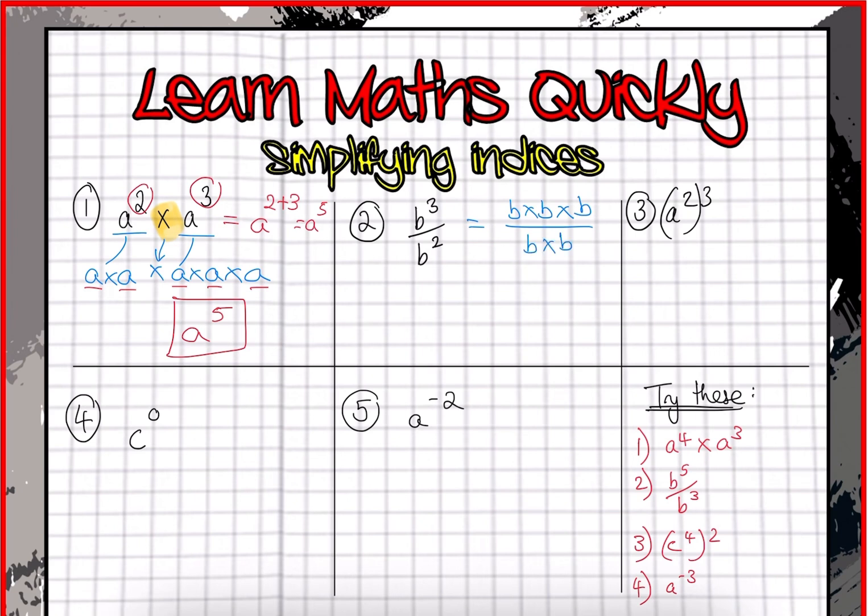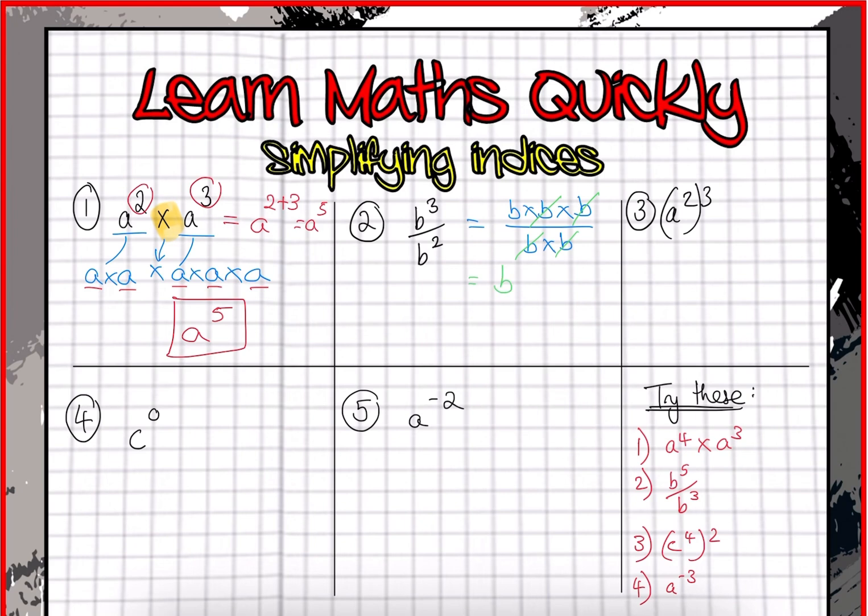Now, as you know, you can just cancel out the b's at the bottom and the top, so that you make sure you've got the same number cancelled out. So one from the bottom, one from the top, another one from the bottom, another one from the top, which leaves you with just b.